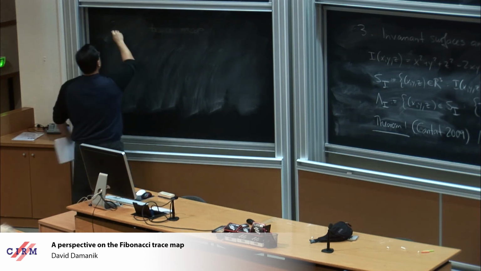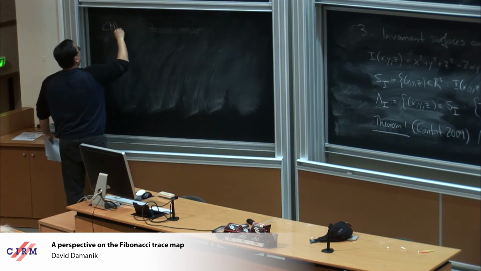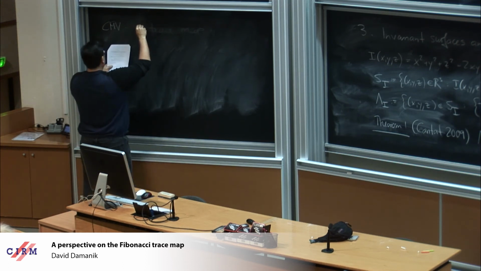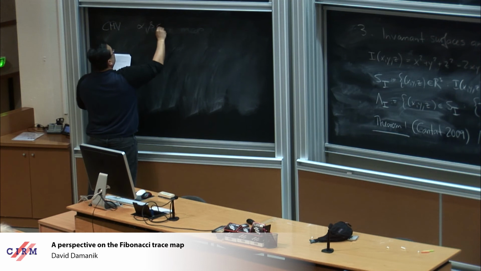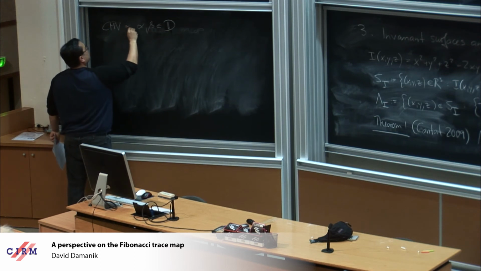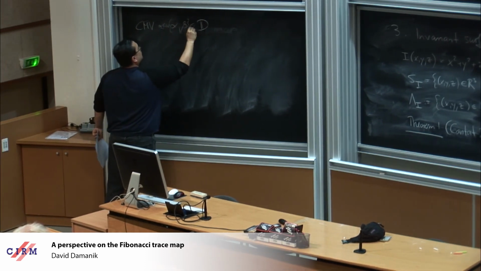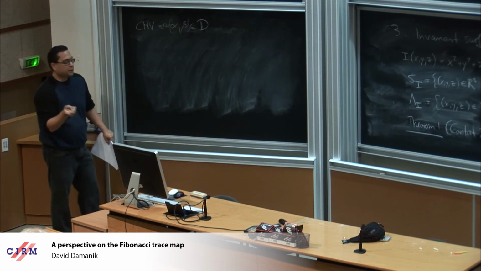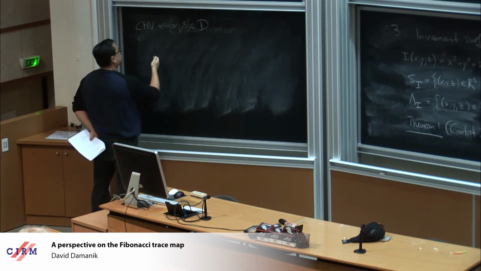So CMV, you have these two values, alpha, omega, n. You replace A's and B's by two numbers in the unit disk, and then this determines your parameters.